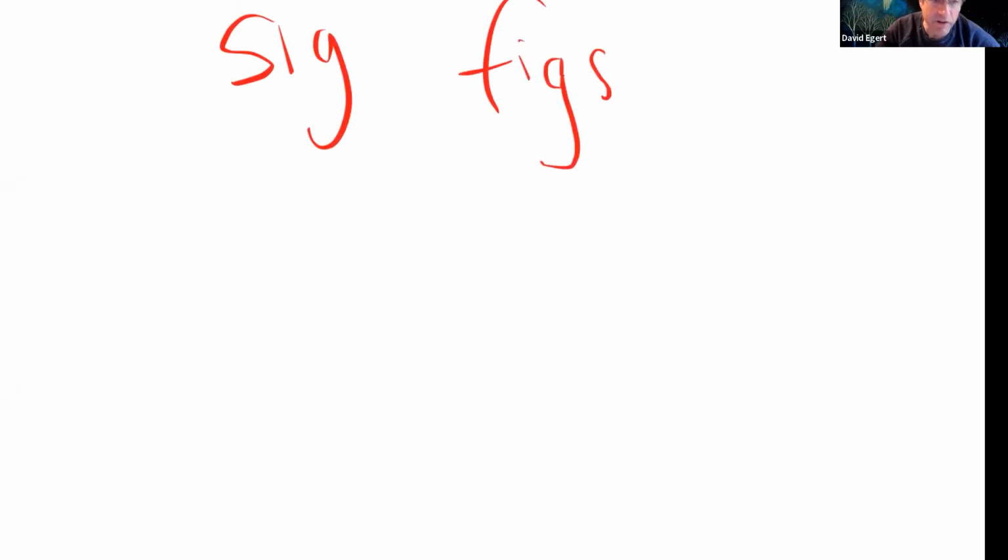The other thing I should mention, we'll talk about a little more later as well, but the idea of significant figures. So sig figs, I know you've seen in chemistry already. What is the basic rule for measurements in sig figs?